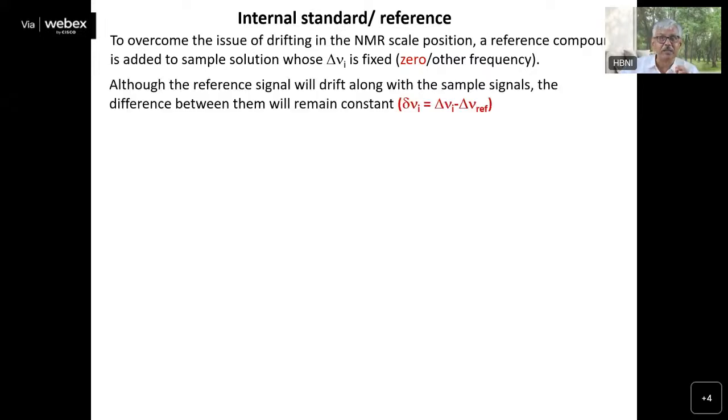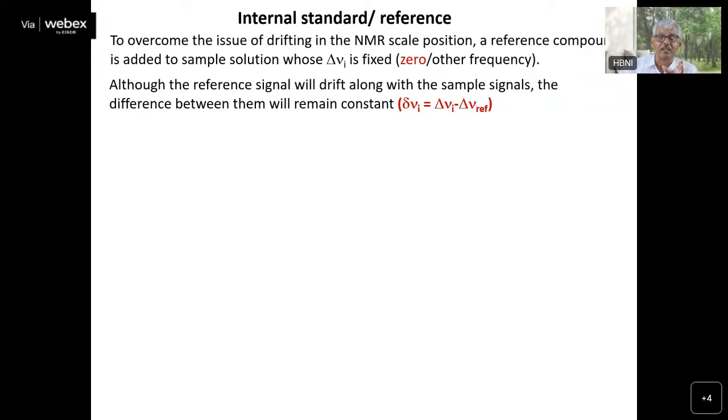With respect to that, we give the frequency of your sample nuclei. If there is drifting, it will drift the sample signal and also the reference signal, so the difference between them will remain constant.